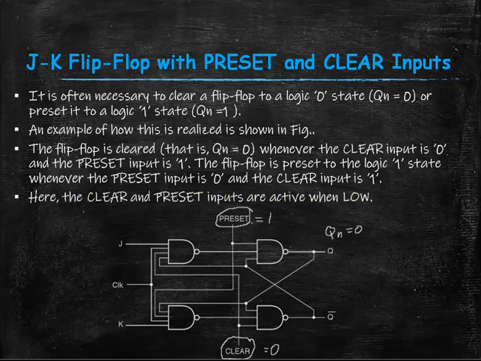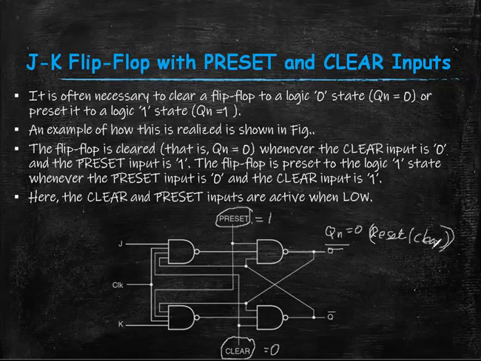Here the clear and preset inputs are active low. That means Qn equal to 0 means we have to reset or clear the flip-flop.